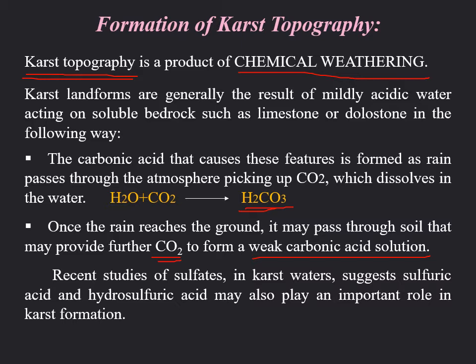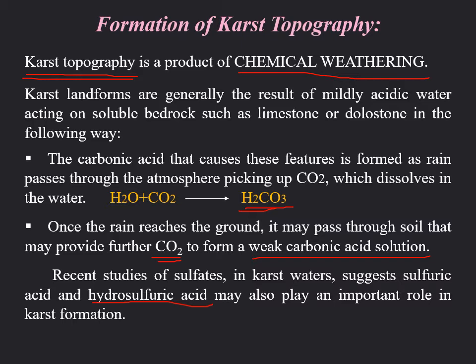Apart from carbon, it was also seen that in these raindrops poured in the soil or on the exposed rocks of the earth's surface, some hydrosulfuric acid and even very dilute nitric acid are also formed, due to reaction with some sulfates or nitrogen dioxide in the atmospheric gases.